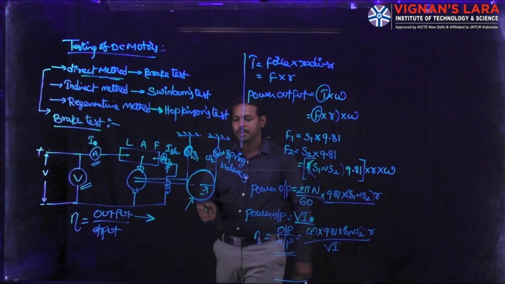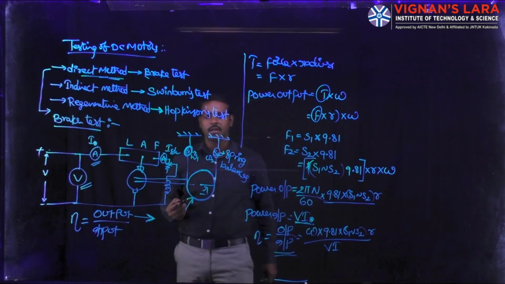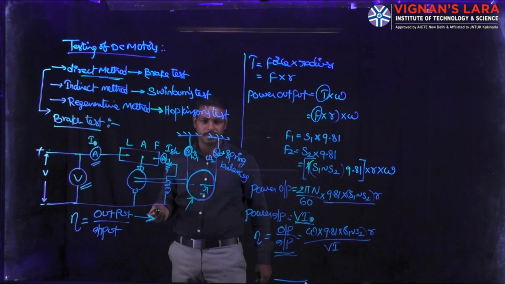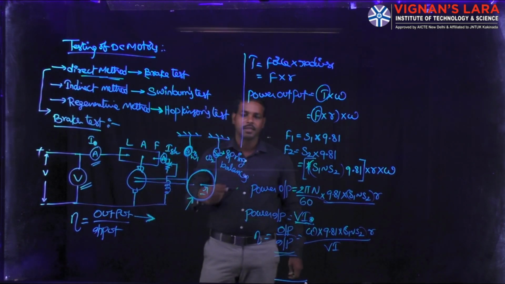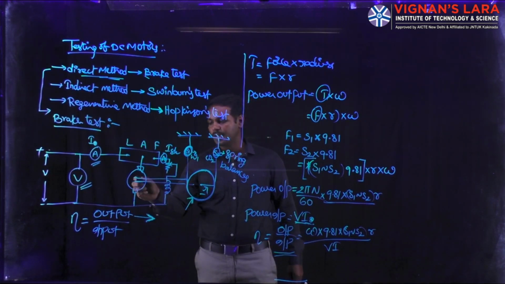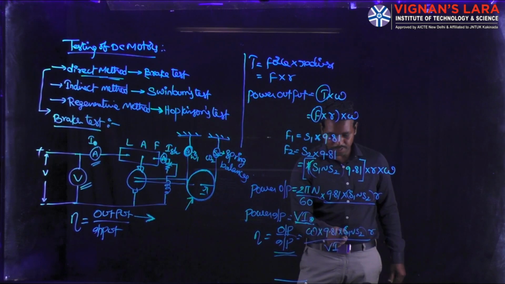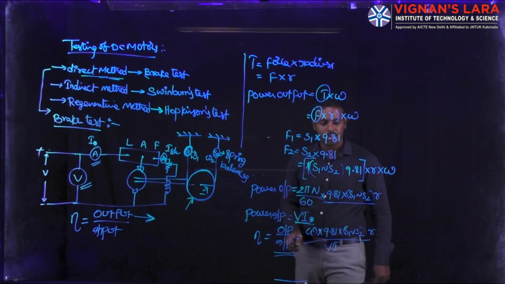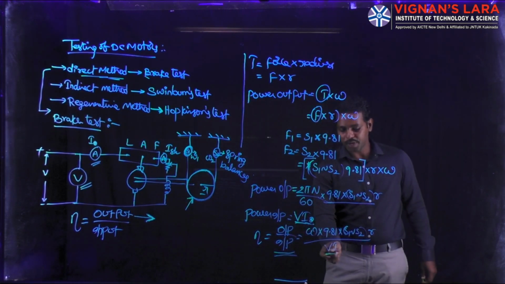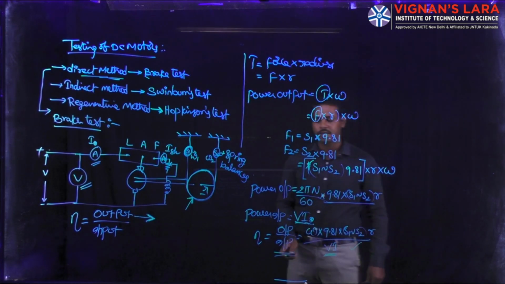So brake test is always applicable for low rating or small rating machines. Another one is that total losses are not calculated for the motor. Using omega into 9.81 into S1 minus S2 into R divided by V into I, we can easily find out the efficiency of a motor.